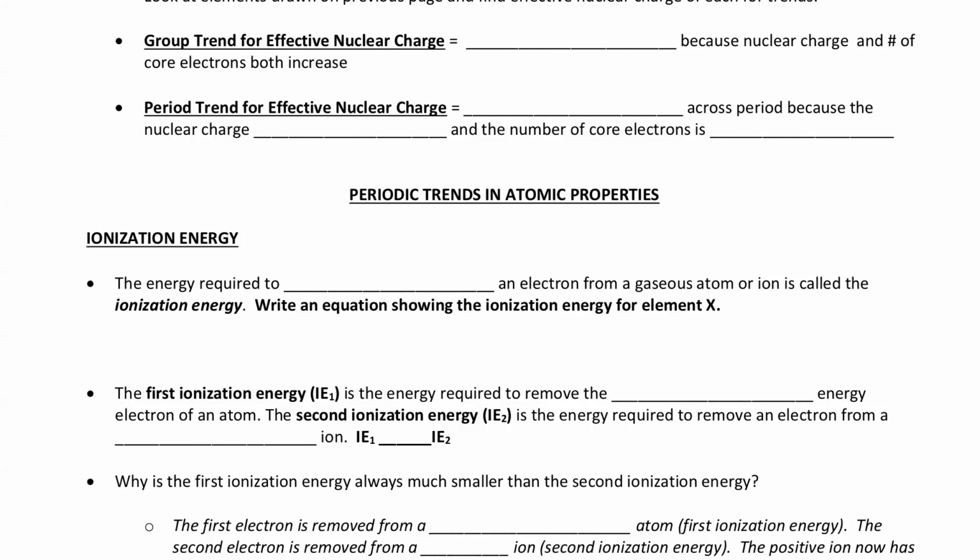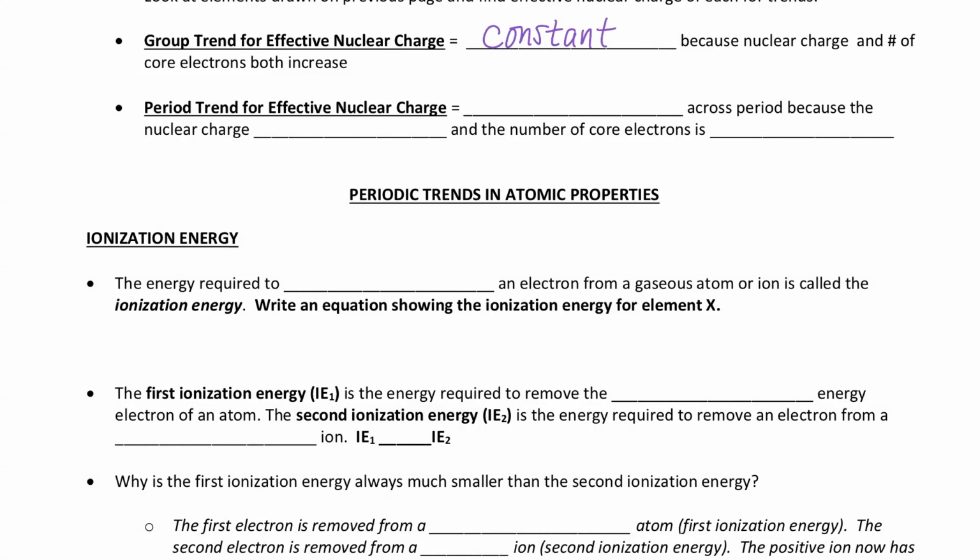Core charge, effective nuclear charge in the same group, in the same column, is going to be the same. Okay, this is going to be constant, and that's because, can I spell constant? My brain's a mess this morning too.